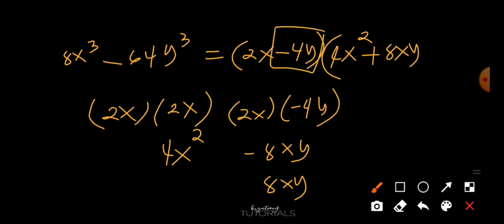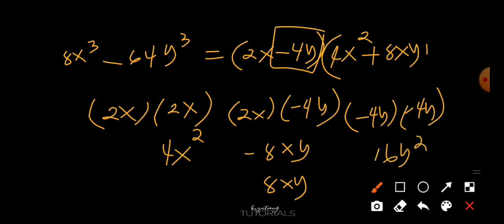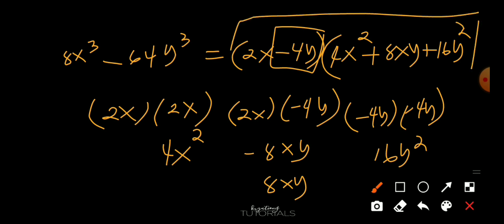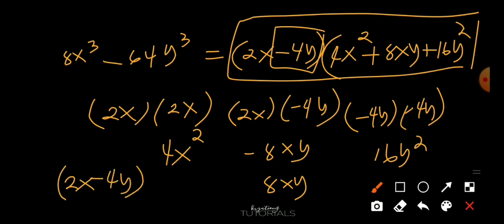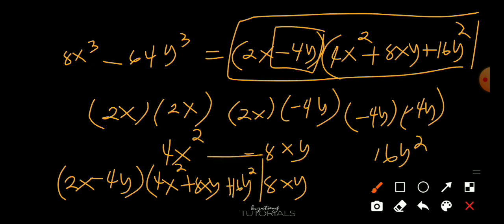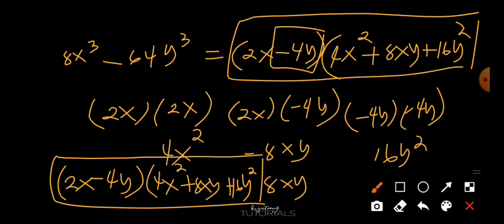Negative 4y times negative 4y is positive 16y squared. So write positive 16y squared. So our final answer is, of course, this: the quantity 2x minus 4y times the quantity 4x squared plus 8xy plus 16y squared. So that is our final answer. Okay?